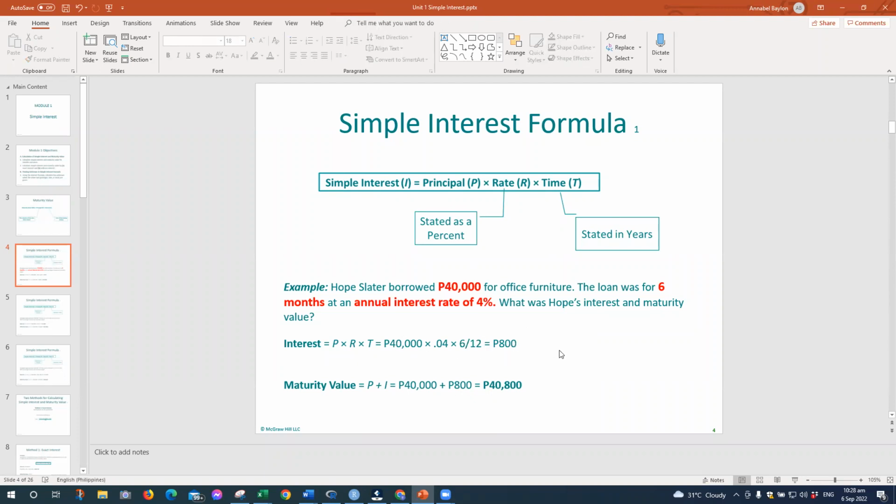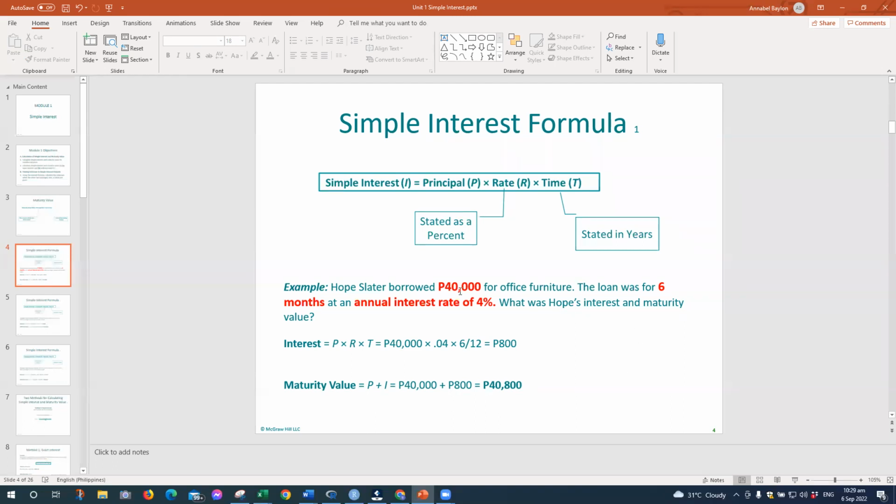Okay, and as we saw in Excel, the answer is 800. And then to compute for the maturity value, it will just be the sum of your principal plus the interest. So the maturity value is the amount that you will pay at the end of the period. And it covers both the principal and the interest. The maturity value can also be your net proceeds from your investment.